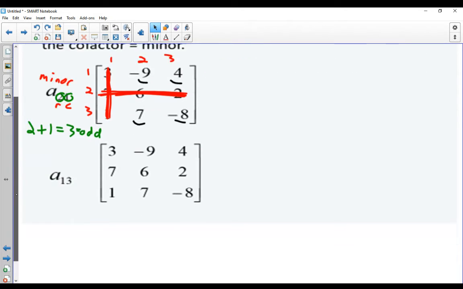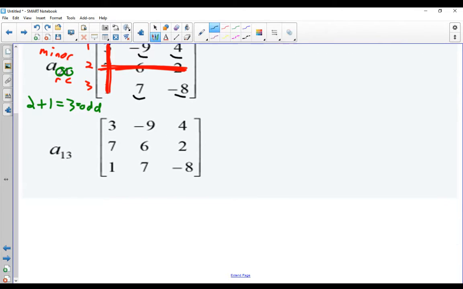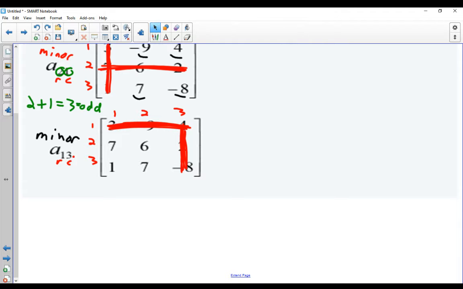Okay, now let's look at the bottom one. For the time being, let's go ahead and just find the minor. So row 1, column 3. Look at the rows. We're going to eliminate row 1. Now look at the columns. We're going to eliminate column 3. So now take your remaining numbers, 7, 6, 1, 7.